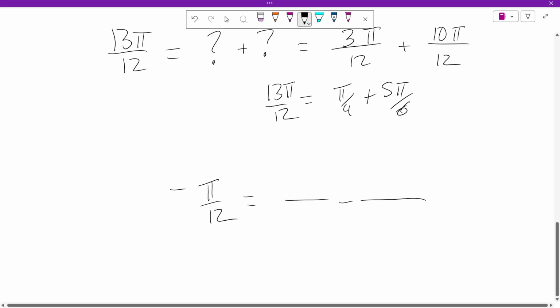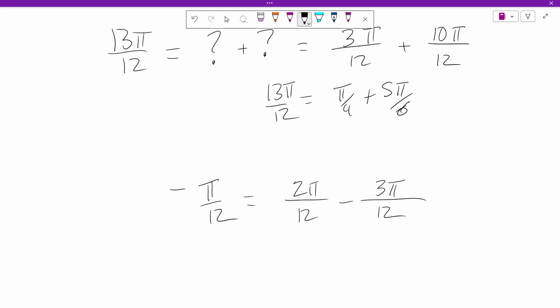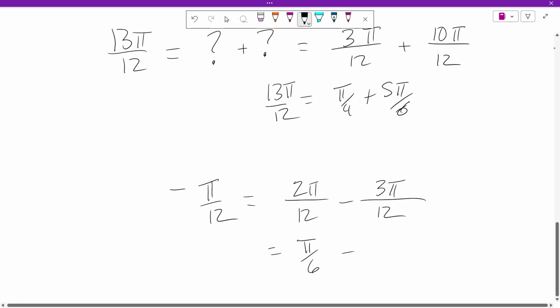So 1 minus 2 is a negative 1. So then 2 minus 3 is a negative 1. Correct? What's 2 pi over 12? Pi over 6. What's 3 pi over 12?